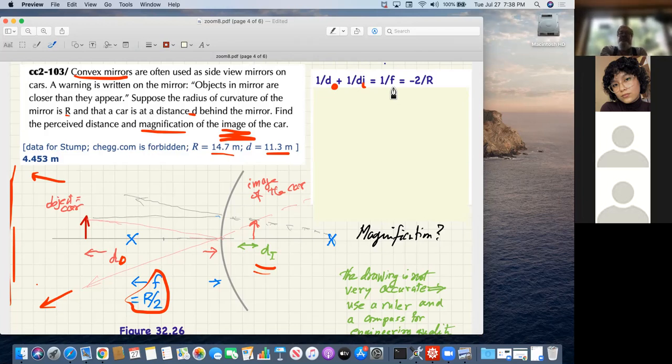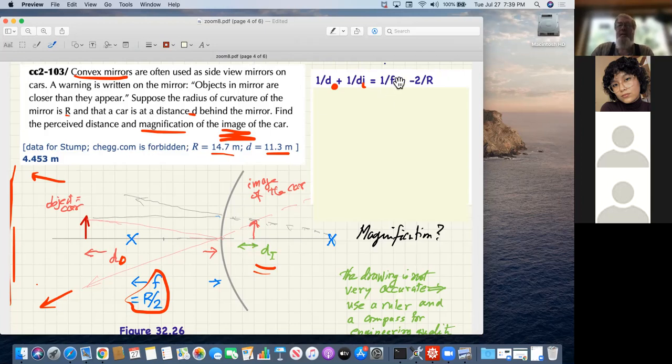But it's not as simple as it looks, because you have to take into account the sign conventions. In the case of a virtual image with a mirror, the focal length is defined as negative.